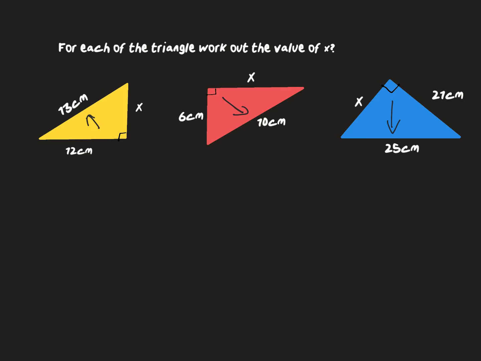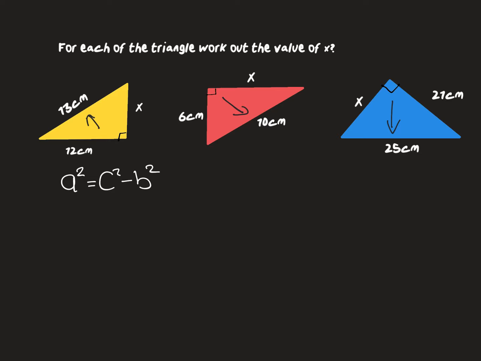So we're going to need to do the opposite of what we've been doing so far. In fact, we're going to be taking away. So in order to work out our missing side, let's say the missing side is a, a squared is equal to c squared, take away b squared. In all the other examples, we were adding, but on these ones, we need to take away because we are finding a shorter side. So we're doing the opposite of what we've previously been doing, the inverse.